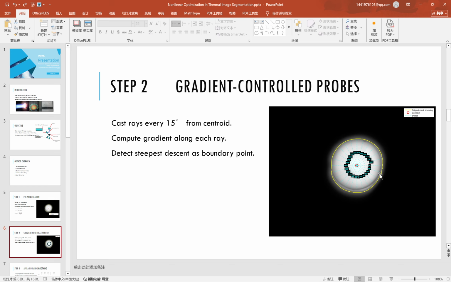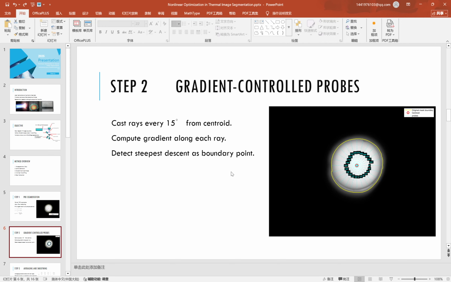They still capture the frame of the sample, but not the sample itself. So in order to improve the accuracy of boundary positioning, along the outward direction from the centroid, the gray derivatives of the image are detected at different angles to find the boundary.